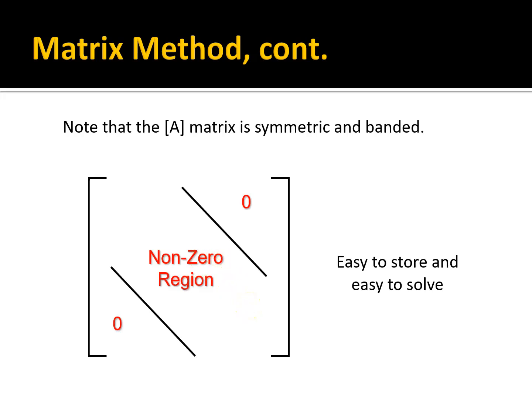And then there are canned algorithms you can use to solve a banded symmetric matrix. And so that really significantly cuts down on the storage we need to use, and also the time to solve it. And so anyway, there's no iteration involved typically in a matrix.